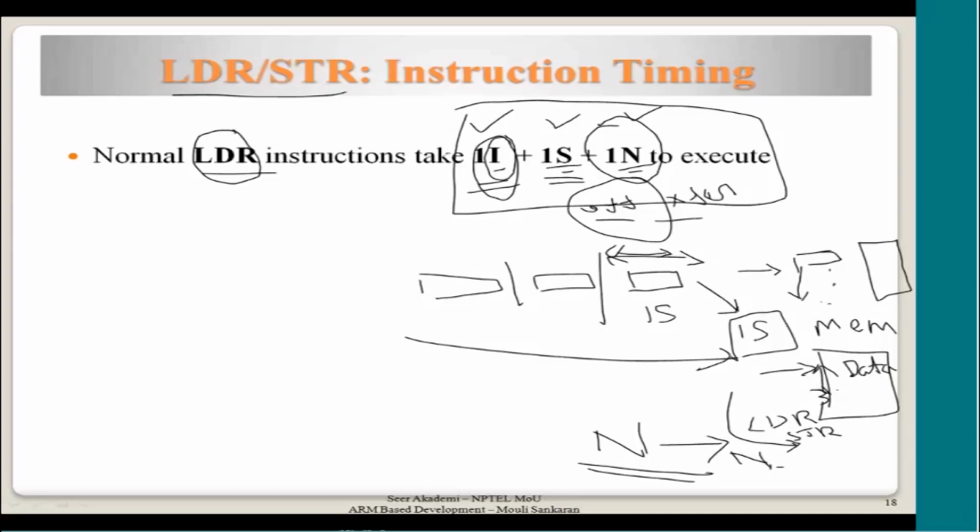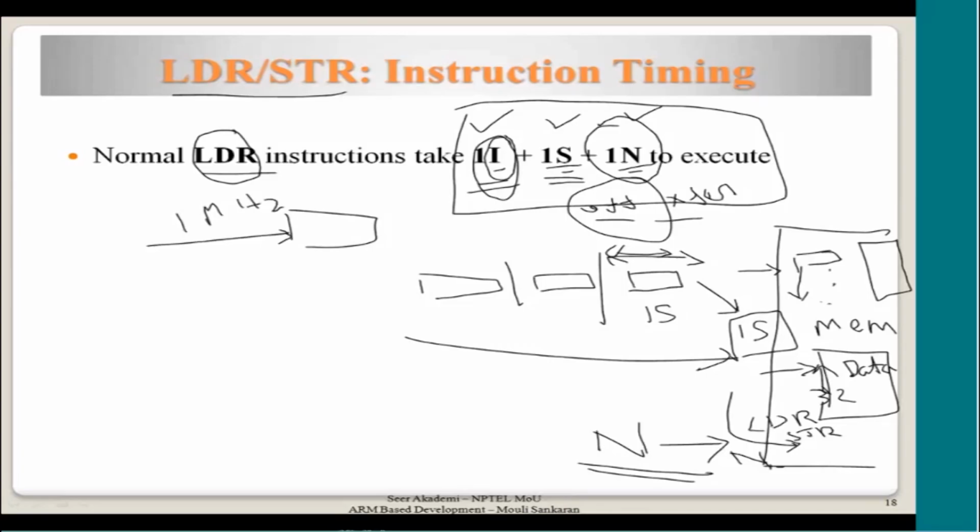So the processor doesn't know what kind of memory is being used. That is why it is easy to say it in these terms rather than saying, suppose the ARM processor is running at a 1 megahertz clock, just an example, nowadays no processor runs at this slow speed.